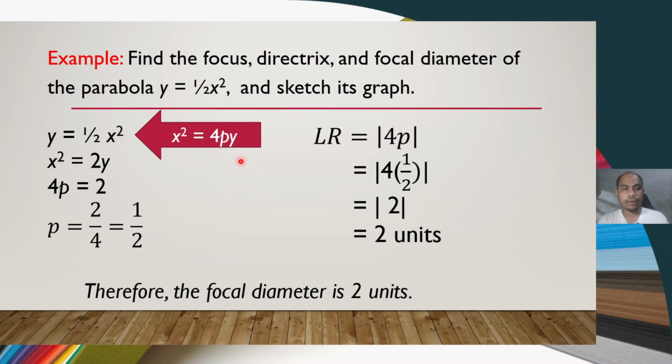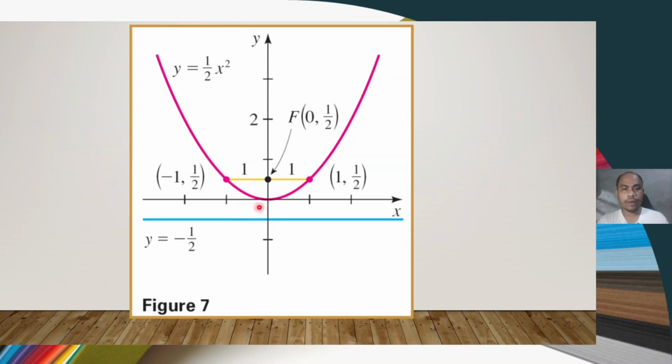The value of p is the measure from the vertex going to the focus and from the vertex going to the directrix. They differ depending on the direction. From the vertex at the origin, going down and going to the left, the values are negative. Only going up or going to the right is positive. So watch the values. Okay? I hope you understand.